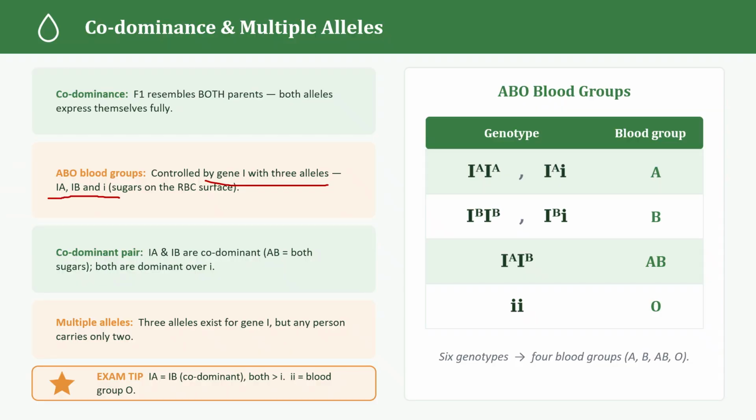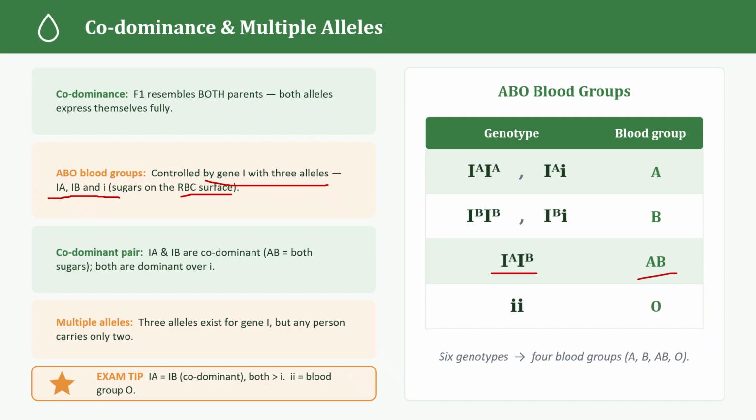IA and IB produce different sugars on the surface of the RBC, nothing but the red blood cells. And the allele i, that is the small i, produces no sugar. So when IA and IB occur together, both sugars are produced.